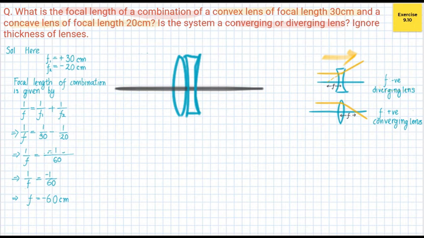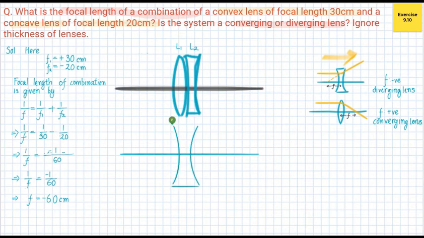So what is the basic physical meaning? The basic meaning is that instead of having two lenses, your lens L1 and your lens L2, where L1 has a focal length of plus 30 centimeter and L2 has a focal length of minus 20 centimeter, what you can do is simply replace them with another diverging lens, that means your concave lens.